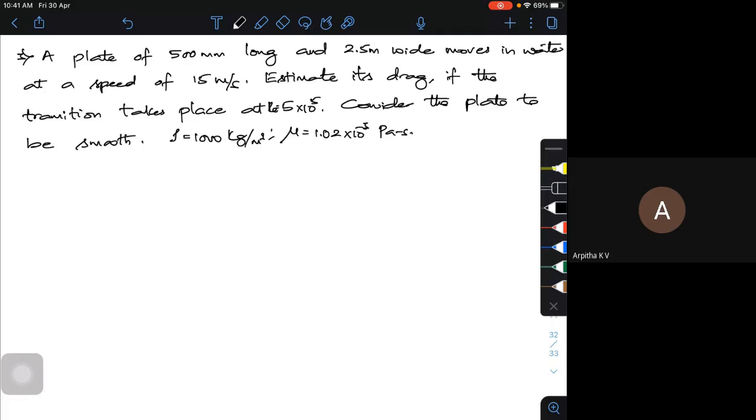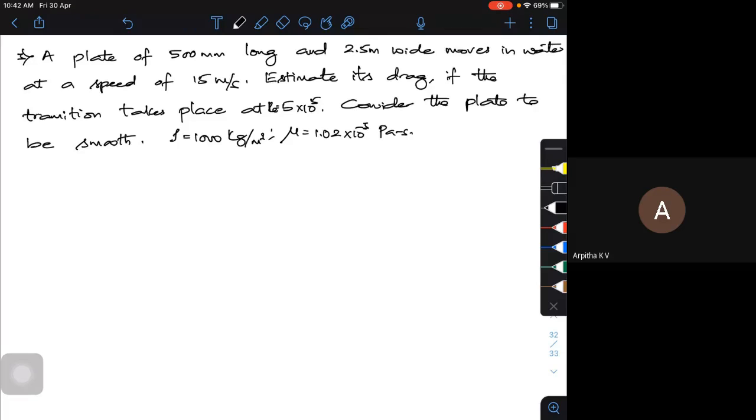Fine. How to find your skin friction drag? The average skin friction coefficient is given by CF equal to 0.072 RE to the power of minus 1 by 5, that is, 0.072 divided by RE to the power of 1 by 5.